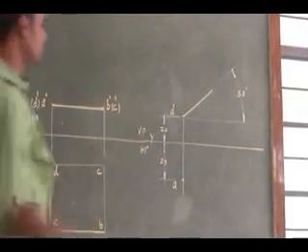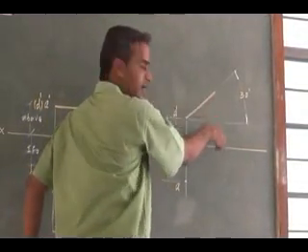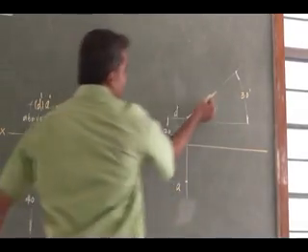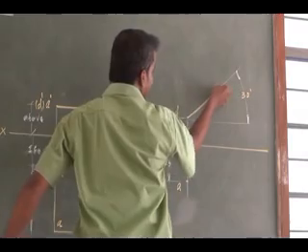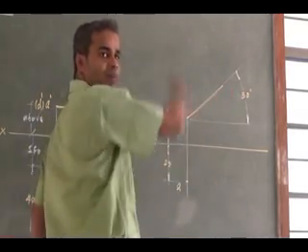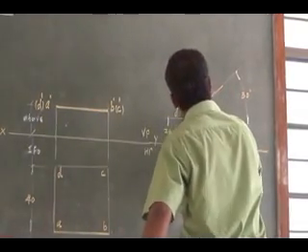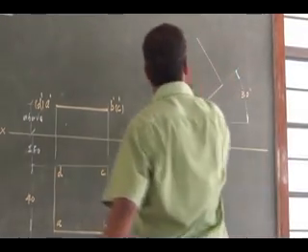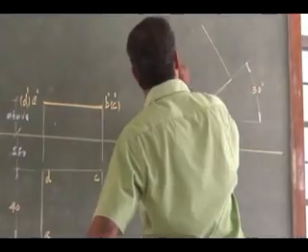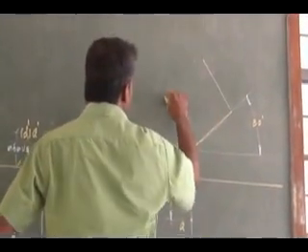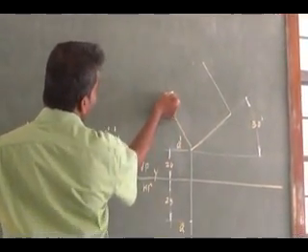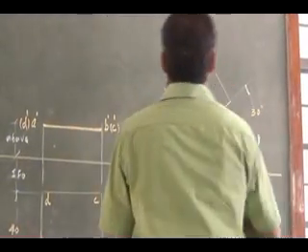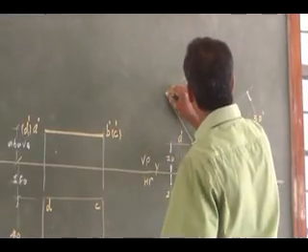Right. So then I can proceed to draw the true shape of the square. The size is 40, so how can I draw it? I have to draw perpendicular to this. Now I can draw the true shape.